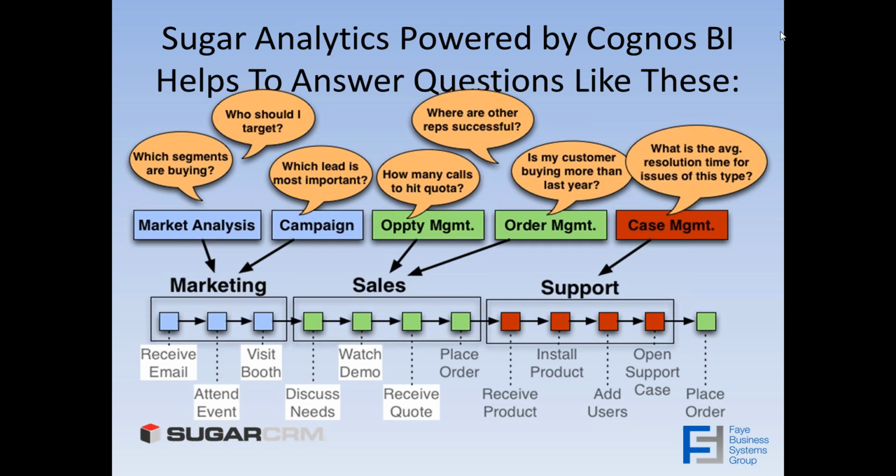And one of the things I'd like to point out across this whole spectrum is that providing that analytics not only for managers, sales managers and support managers, but providing it for individual sales reps or support reps can add a lot of value. And so that's why earlier on I focused on that example of providing sales metrics for the individual sales rep to help make them more effective.